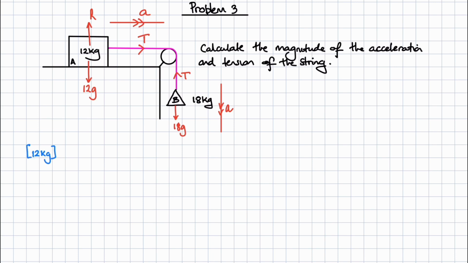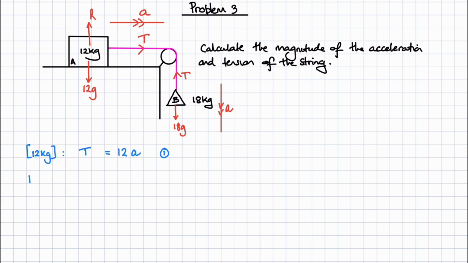If we're going to apply F equals ma, it's moving towards the right, and we've got tension also moving towards the right, and there are no resistance forces acting on particle A. So the resultant force acting in the direction of motion, which is horizontally, is given by T newtons, and this will be equal to the mass of particle A, which is 12 kilograms, multiplied by the acceleration a. This is labelled as equation number 1.